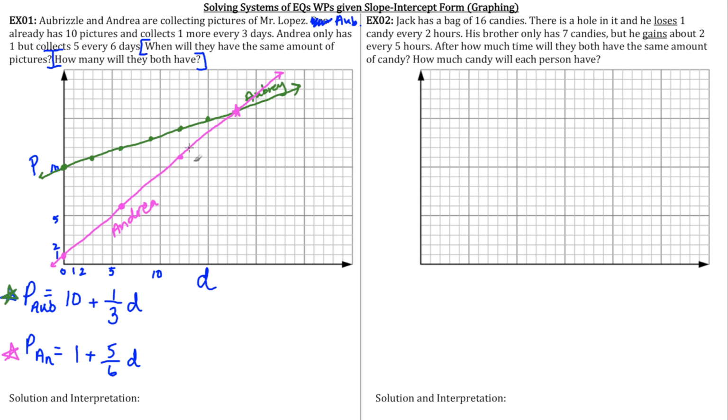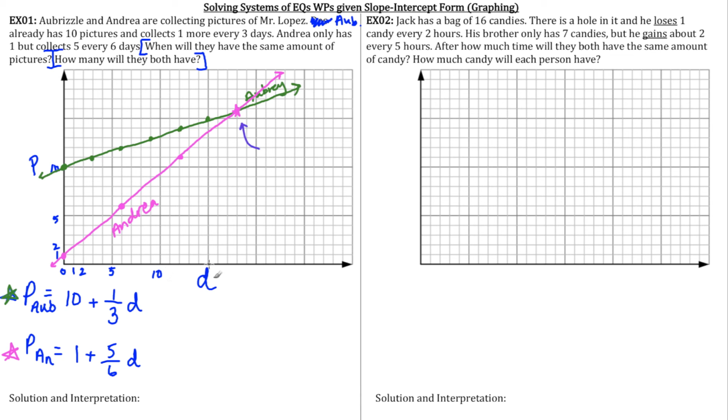All right. So we can tell that right here, I have to go back to blue. That blends in too much. Let's make it purple. Okay, so this is our solution.